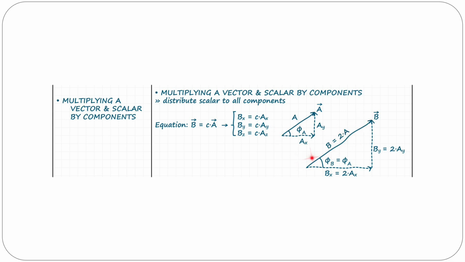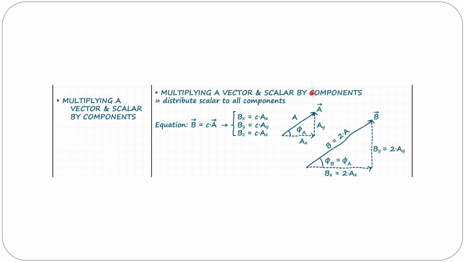But if we multiply the magnitude by 2 and we keep the angle, the direction, the same, then if you use your sines and cosines to find the components, you would expect to find that the x and y components would each be twice as long as their original value. So we've multiplied each of those components by 2, which makes sense. These are similar triangles, and so their sides should be proportional to one another.